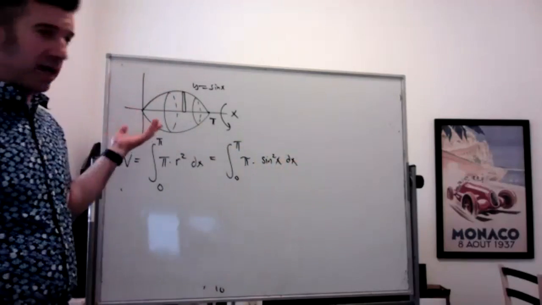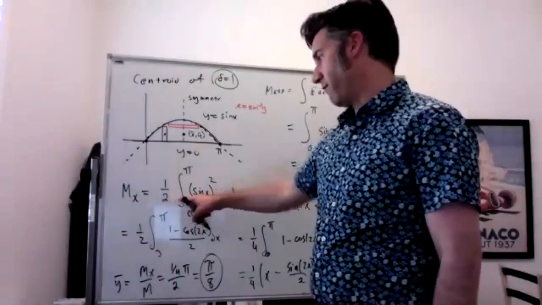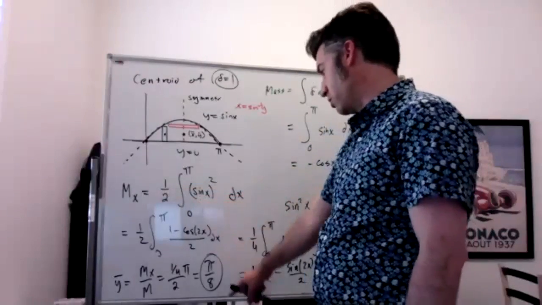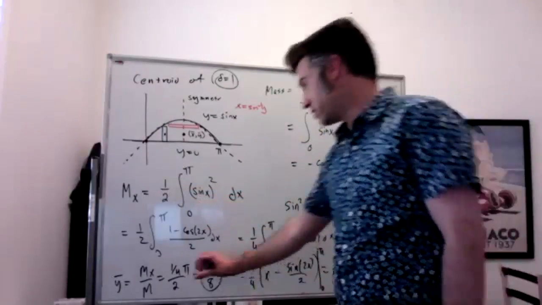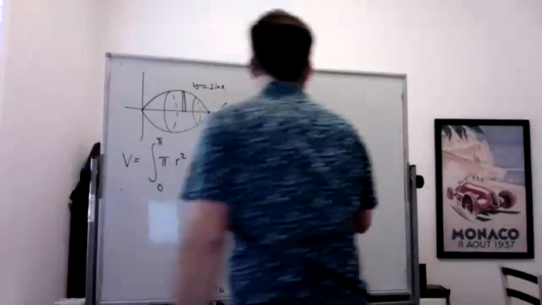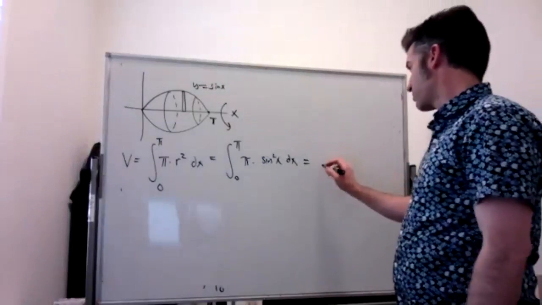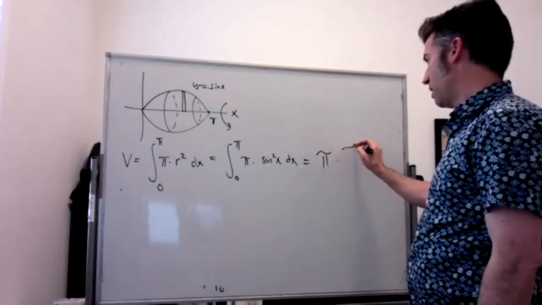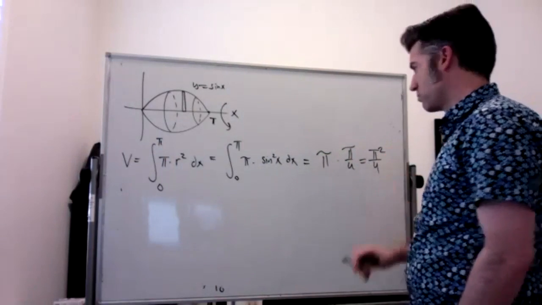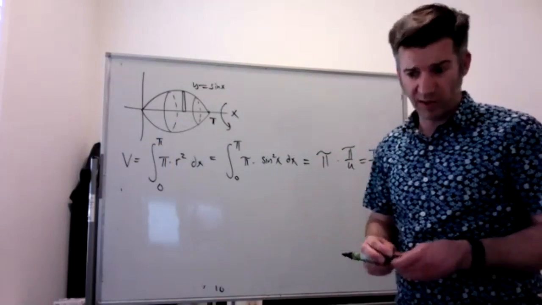I think we just did that integral. Well, we almost did it; we did 1/2 of that integral. Let's just say the integral itself was pi over 4. So this ends up being pi times pi over 4, which is pi squared over 4. We could have done the work, but we already did the work.